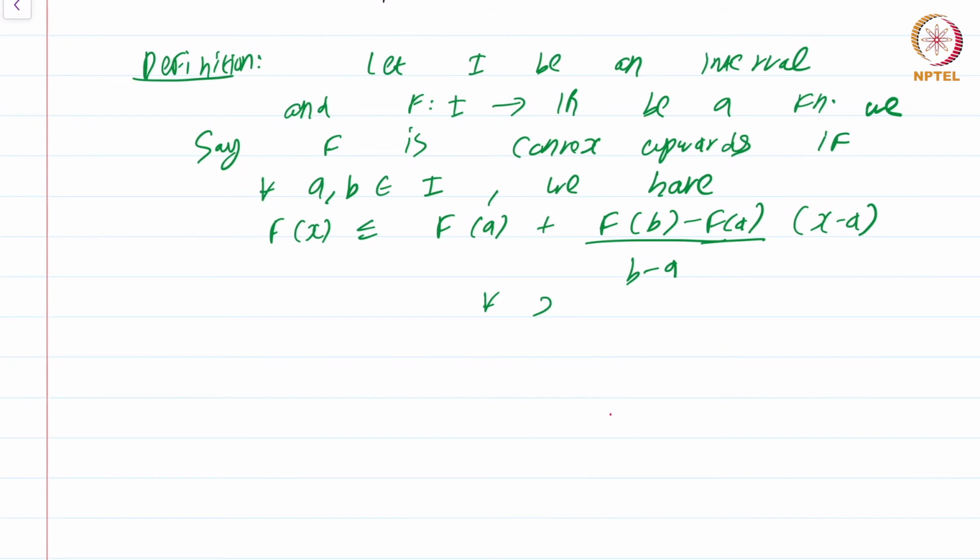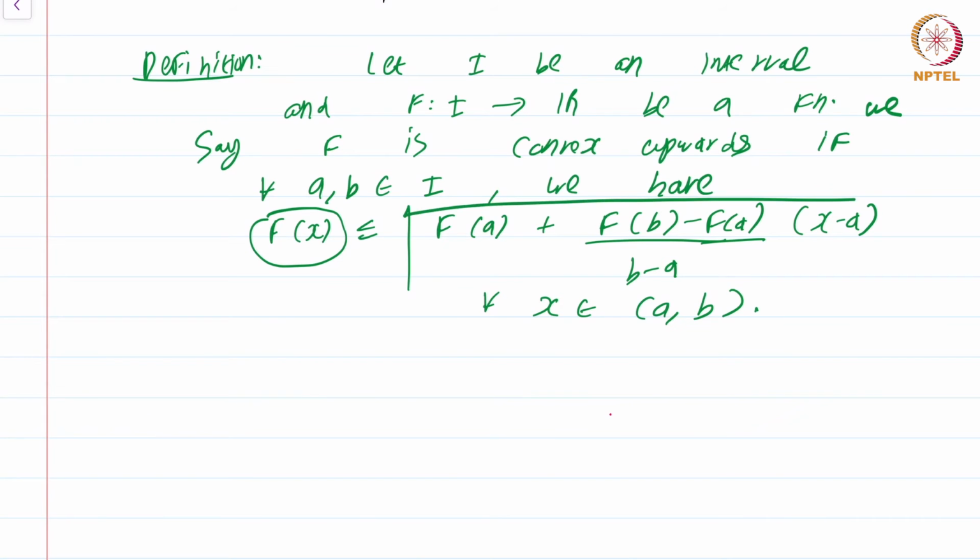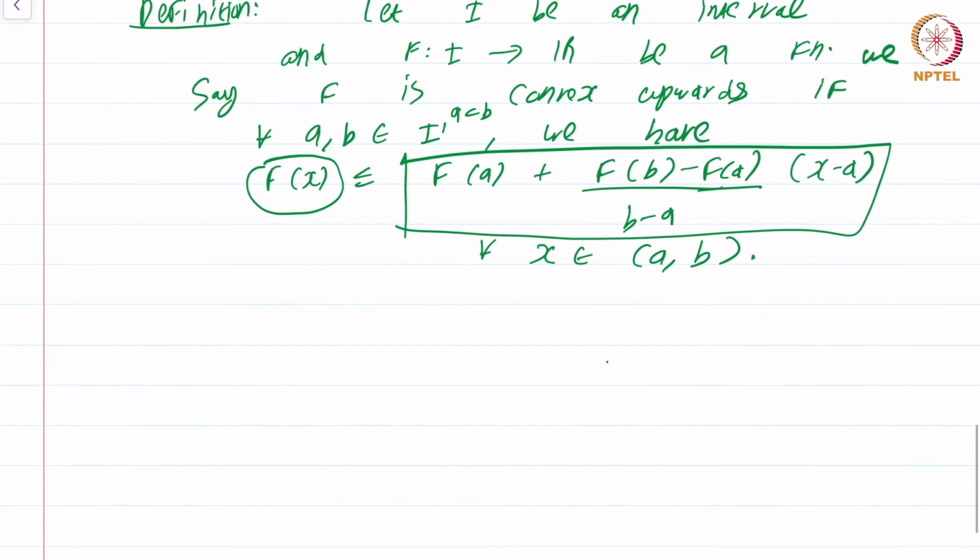This is for all x in the open interval (a,b). So it's convex upwards if the value of the function in any subinterval is less than or equal to the line joining the points (a, f(a)) and (b, f(b)), whose equation is given by this. So this must be true for any pair of points a, b in I. To clarify, I can just write a is less than b. Choose a, b in I such that a is less than b. This must be satisfied.